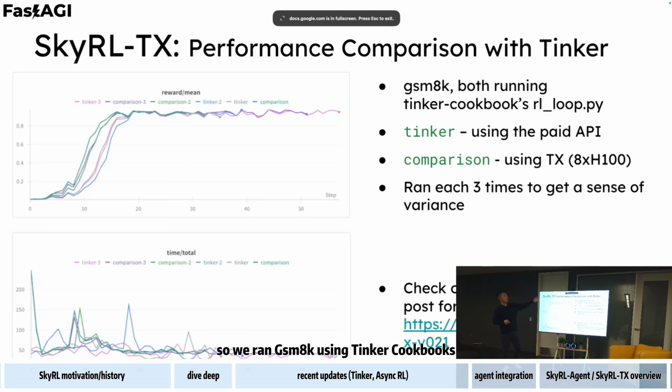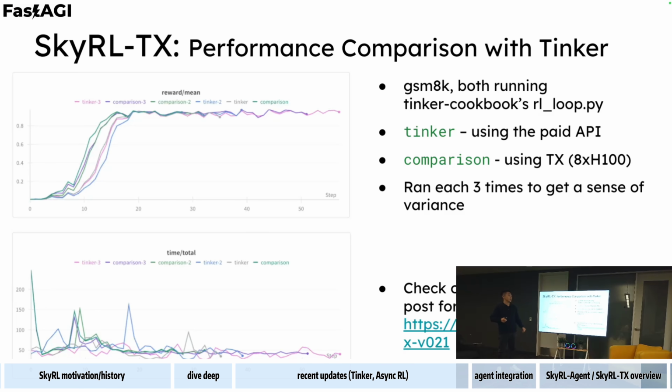So we ran GSM8K using Tinker Cookbook's rl_loop.py, which is the GSM8K demo. Here the Tinker ones, like the pink, blue, and gray, are the runs that use the paid API. In comparison, the purple, green, and another green are using TX with 8 H100s, like your own GPUs.